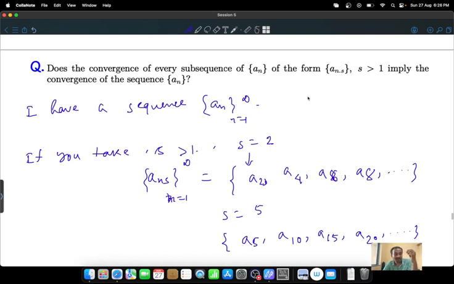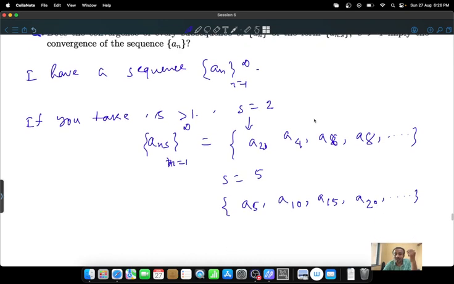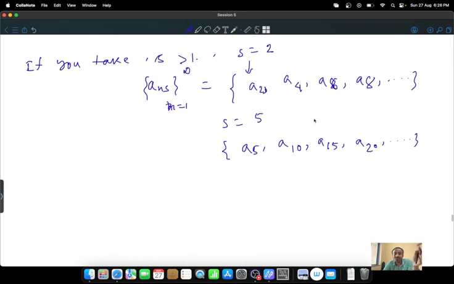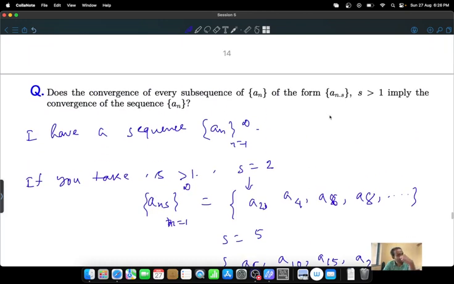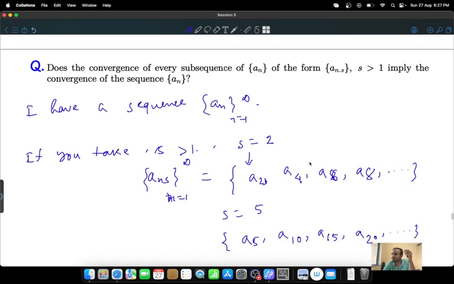So the problem seems very interesting, right? You can think that I can cover all the subsequences, all the terms, but what do you think? Because if I tell you the solution, then it will be just like that. But intuitively, what do you feel?